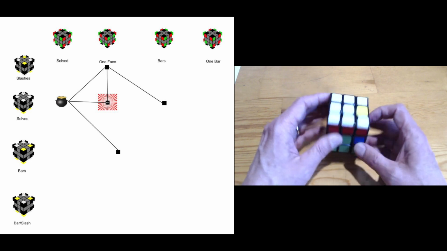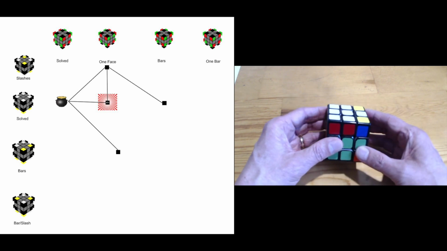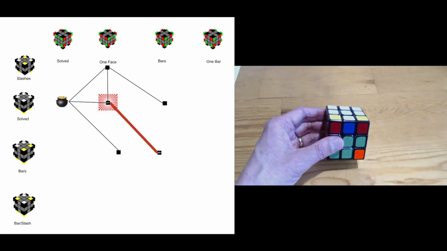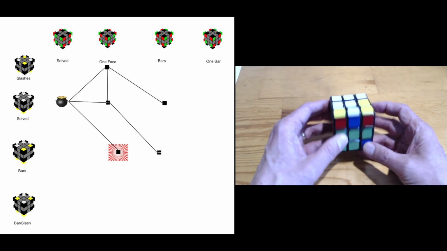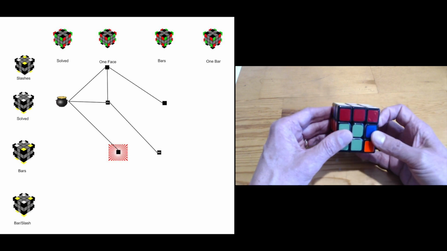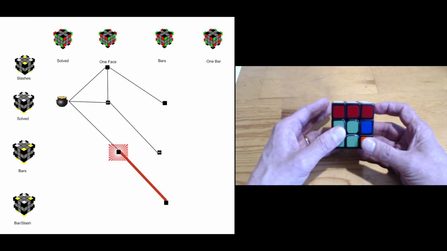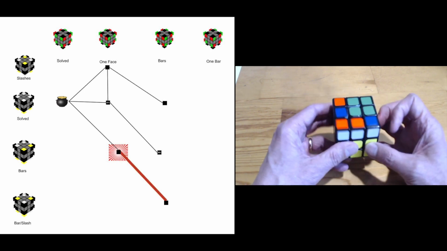Starting from this state, there's only 1 possibility, and it's this. Starting from this state, there are 2 possibilities. This is 1, and the other is this one.